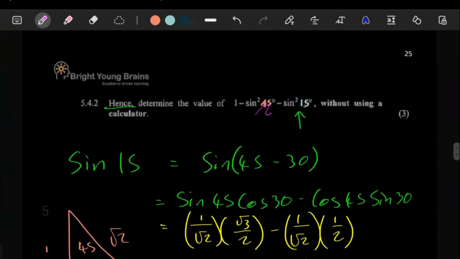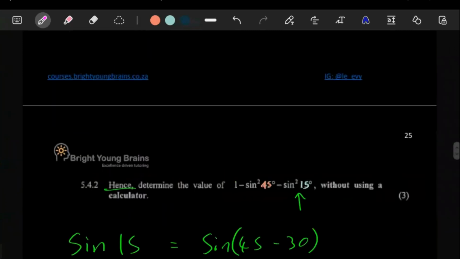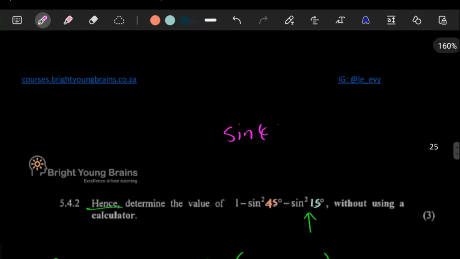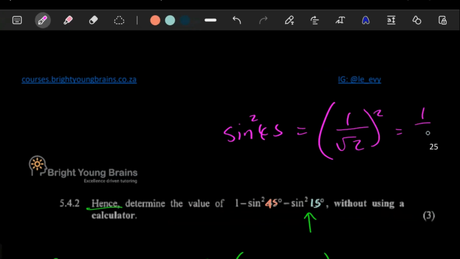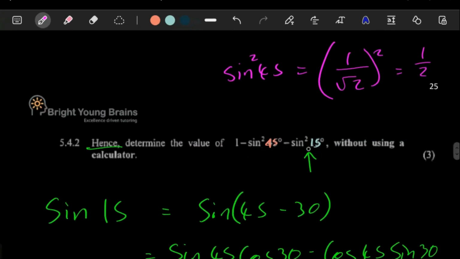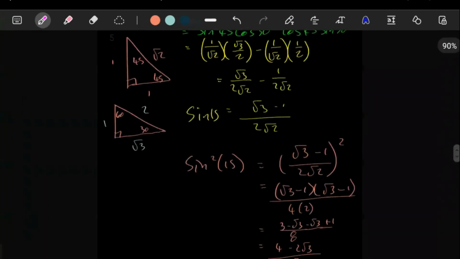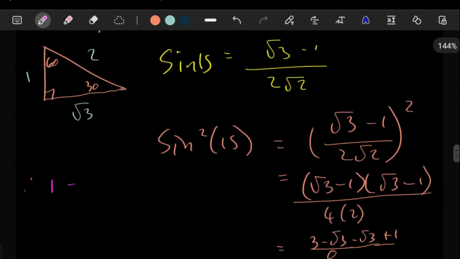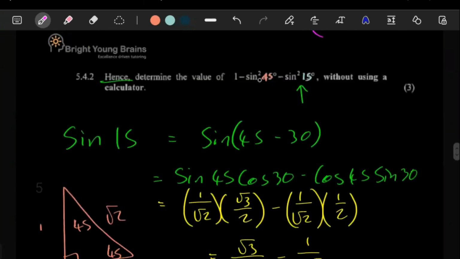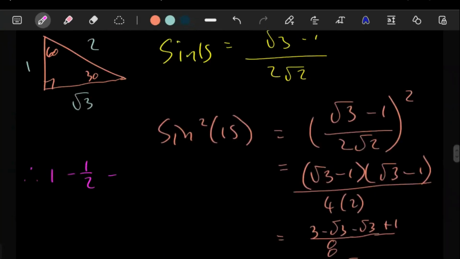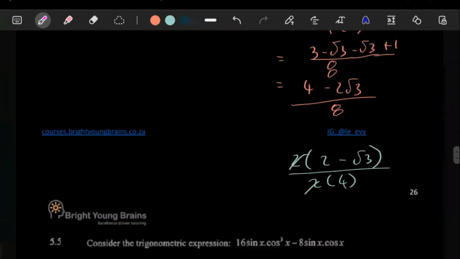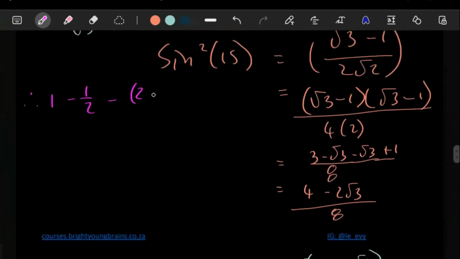So let's see, sine squared 45, what do we have for that? Sine 45 is 1 over square root of 2. So if you square this, you have 1 squared over this squared, which is just a 2. So this is a half, and this we have a value, this is a 1. So our answer is going to be 1 minus this, which we got to be a half, and then this here we got to be 2 minus square root of 3, the whole thing over 4.